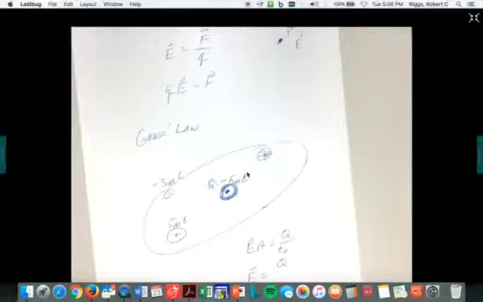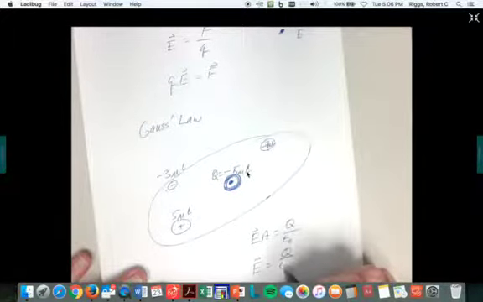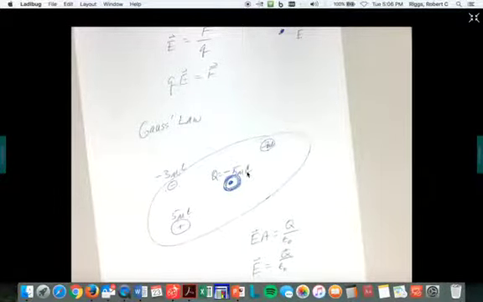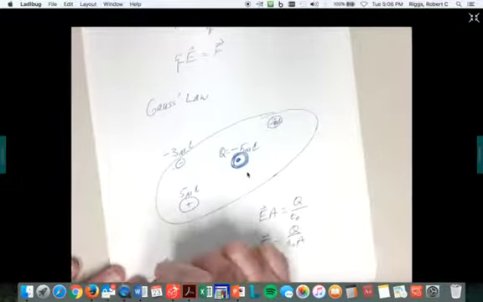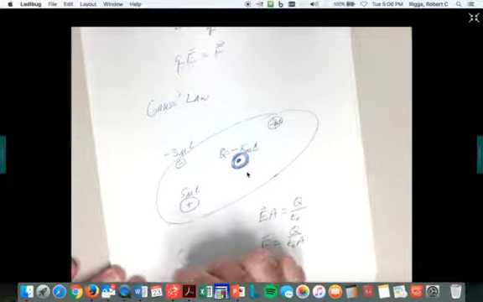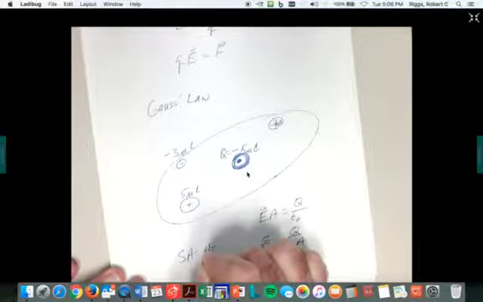And then we use the symmetry of the electric field. Mother Nature loves symmetry. Where A, since it's a sphere, is the surface area of a sphere, which is equal to 4 pi r squared.